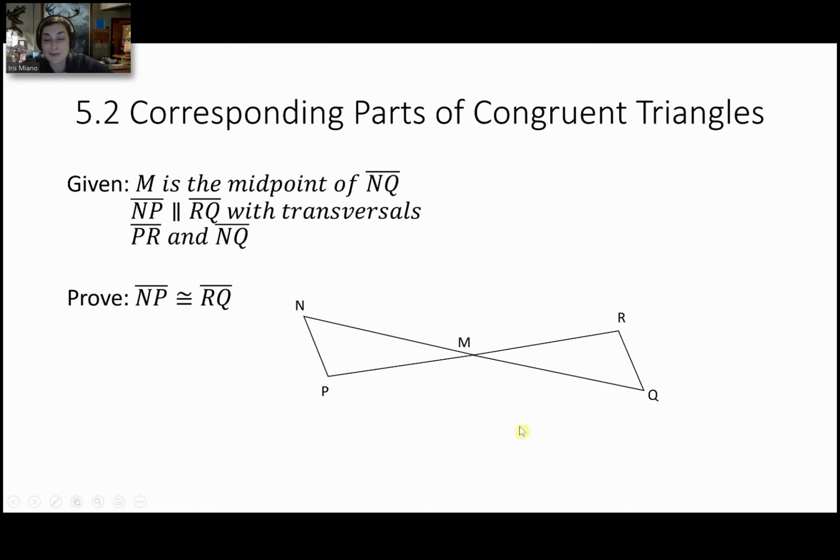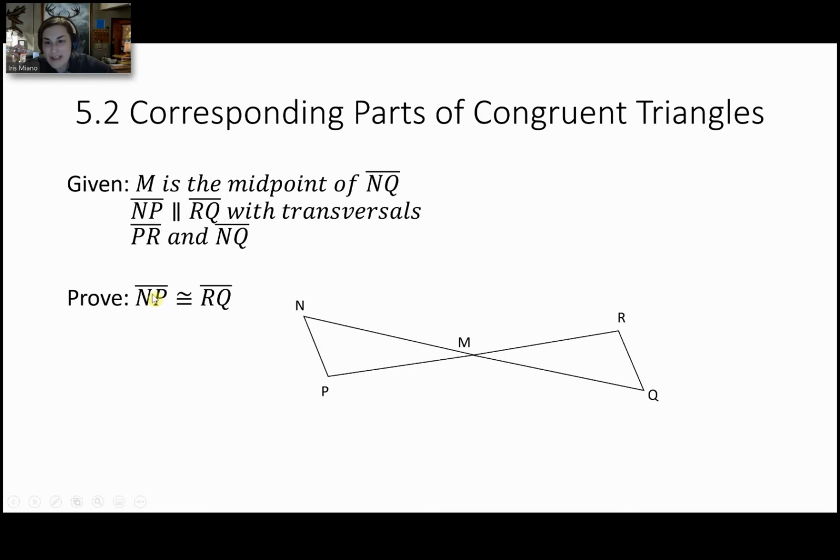That's going to be huge. We're going to be able to make a couple of claims about certain angles being congruent by virtue of parallel lines being cut by transversals. Remember that whole thing from chapter 4. That's definitely something we want to clearly reference from our past.